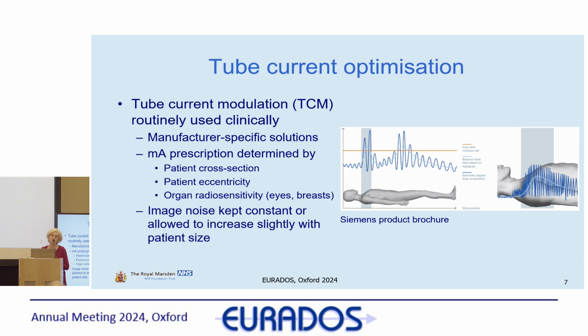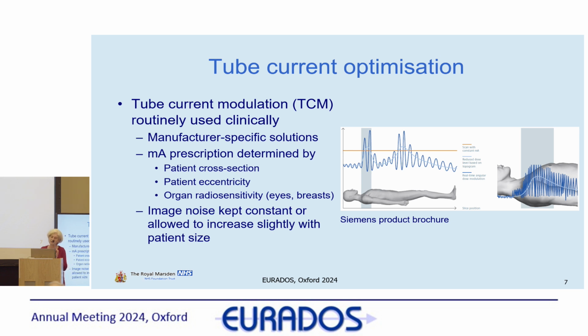We do have manufacturer-specific solutions which make implementation quite challenging, but generally speaking, the tube current prescription is determined by the patient cross-section, as you can see in this pale blue function there, and the patient eccentricity, as you can see from the oscillation around the pale blue.